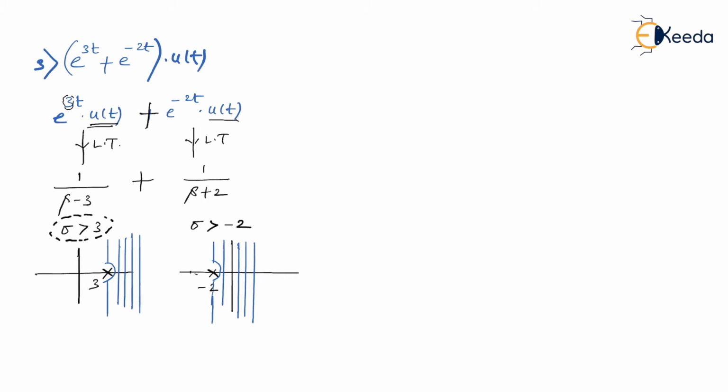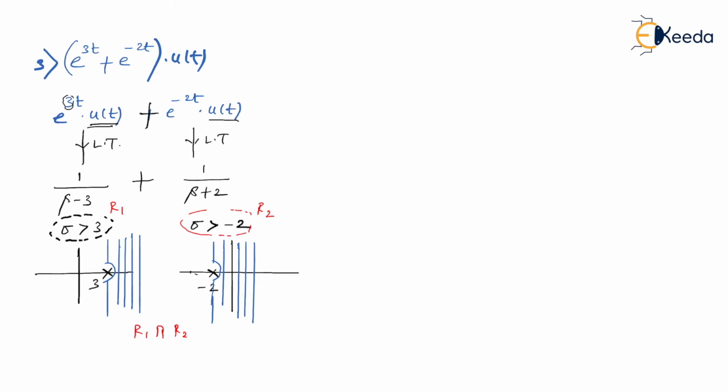Since the individual ROCs are known to you, if you remember, we have already learned a property. Let's say this is ROC R1 and this is your ROC R2. If I have to use the linearity property, the effective ROC is always R1 intersection with R2. So we have to see a common area. How do we define a common area?